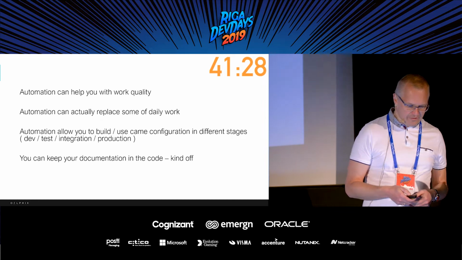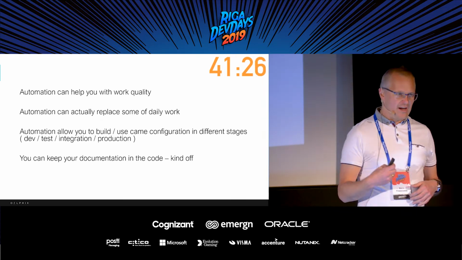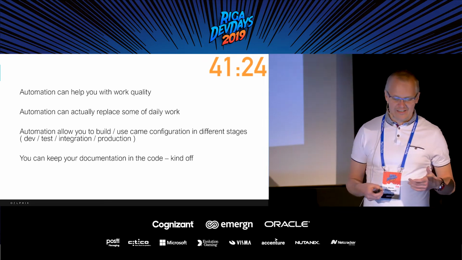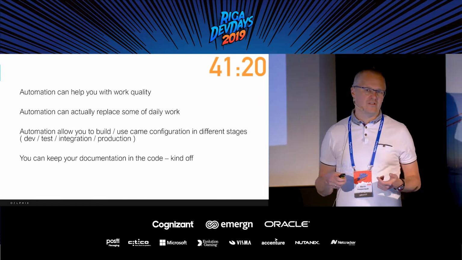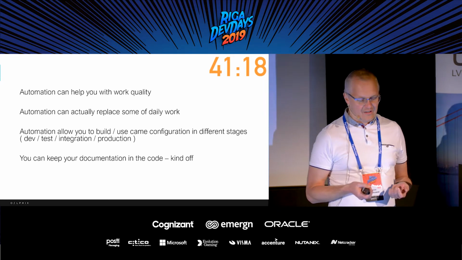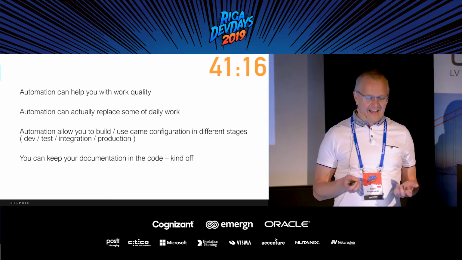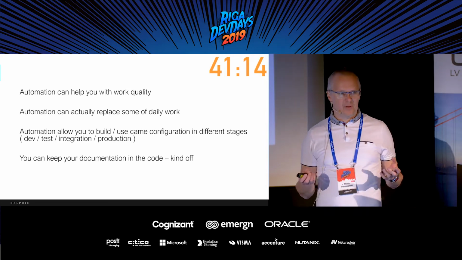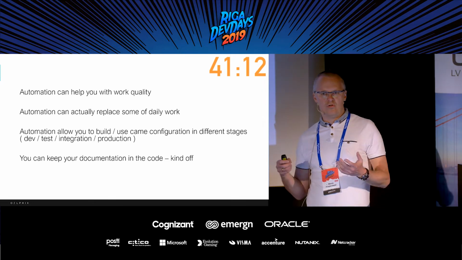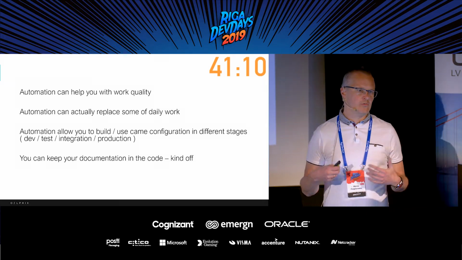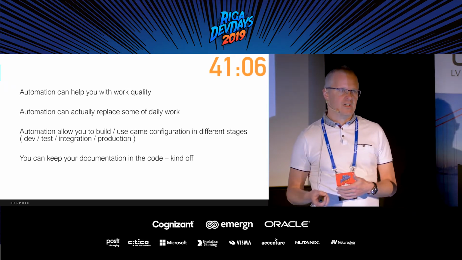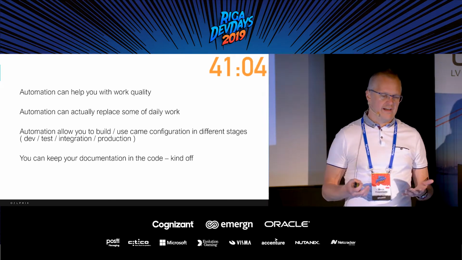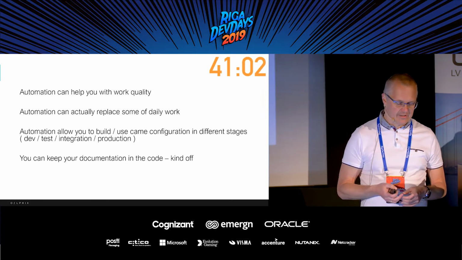There is one more thing you can do if you automate stuff. I know not everyone will agree with that, but you can keep the documentation in your code. I think it has to be a balance between what you're creating as external documentation, as wiki pages or whatever, and how you document your scripts or your files which are showing your environment.